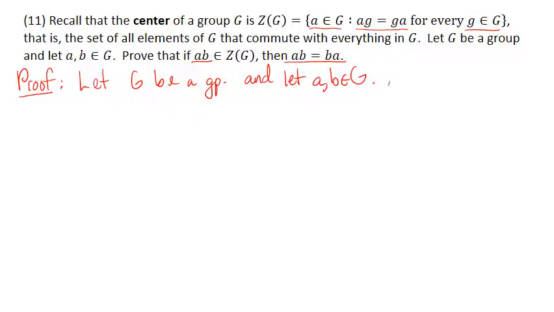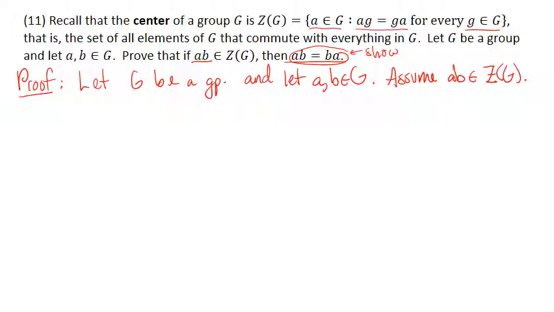So I'm going to assume the if part is true. So assume AB is in Z of G. Okay, so now I'm going to try to show that AB equals BA.